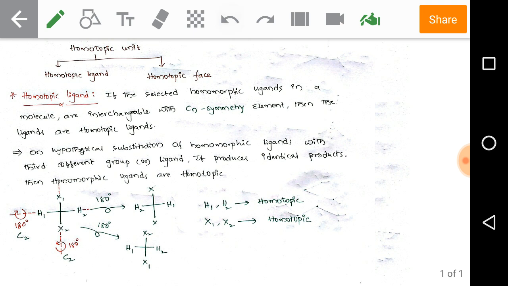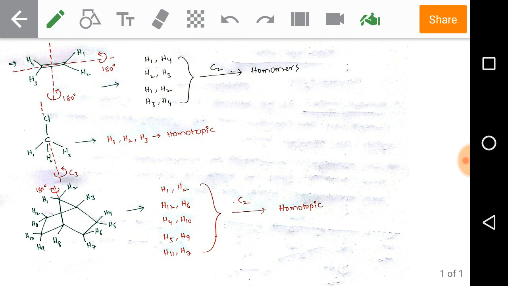Hence we can say X1 and X2 are homotopic. Right. Now check another example, that is an alkene. We have labeled 1, 2, 3, 4 and hydrogen to distinguish physically. We need to check whether C2 axis or Cn proper axis symmetry is possible in the molecule or not. If it is possible, then there is a possibility of a homotopic relationship.